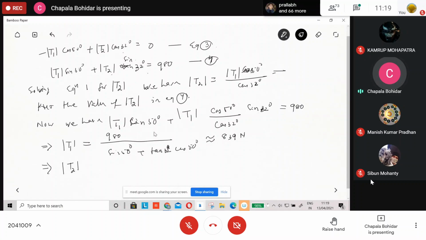After getting the value of T1, you can put it here and get T2, which is equal to T1 cos 50 degree divided by cos 32 degree.